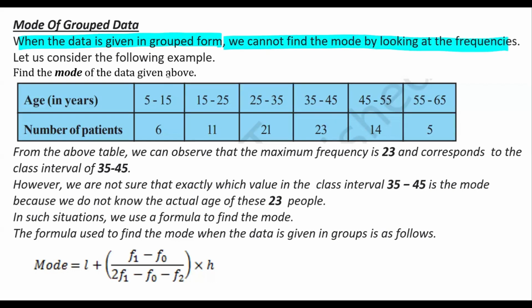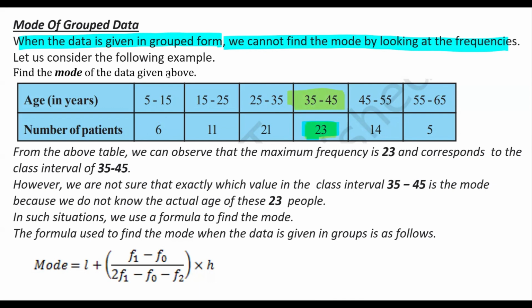So I've taken an example here and we have to calculate the mode. When you look into the data, you'll find that the maximum frequency is 23, and 23 corresponds to the class interval 35 to 45.